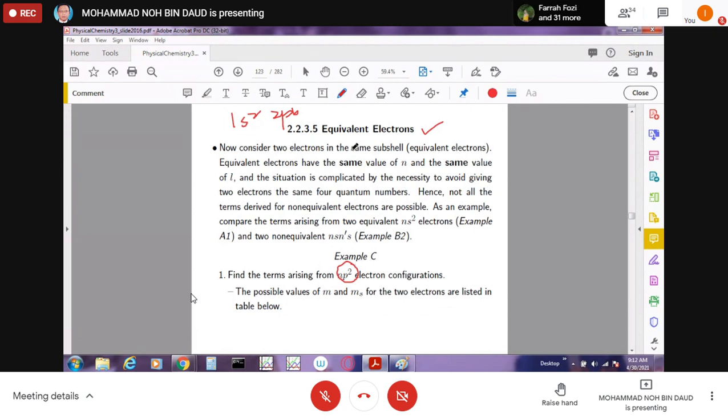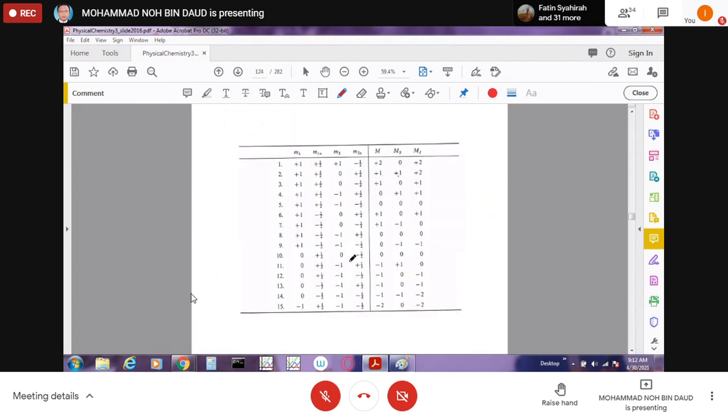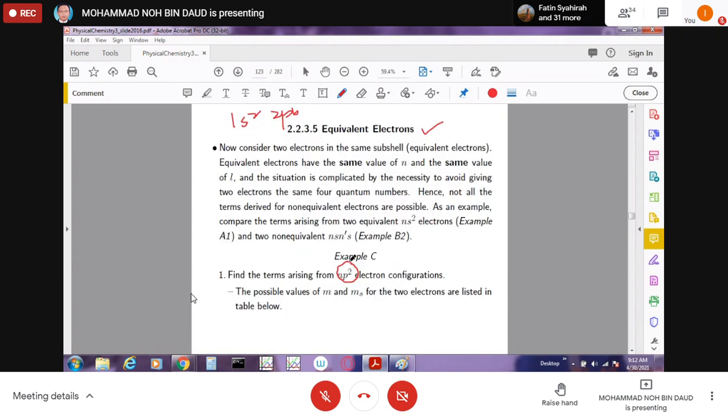Here for the equivalent electron, you must use these tables. Okay, you cannot use the angular momentum addition rules, because when you use the angular momentum addition rules, you can get all possible quantum numbers with the same set of M quantum number and MS quantum number. Like in these examples, we have the same n quantum number for these 2 electrons.